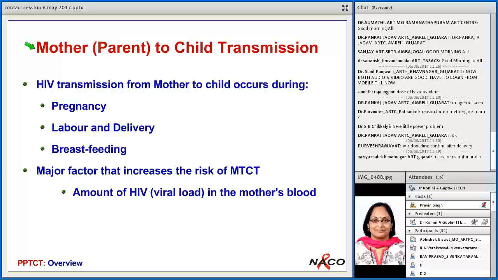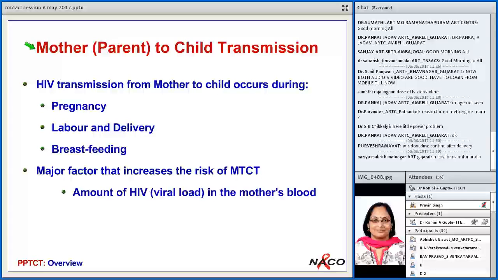Now, MTCT transmission occurs during 3 phases: during pregnancy, during labor and delivery, and through breast milk. What is the major factor that increases the risk of MTCT? The amount of HIV viral load in the mother's blood. We do not monitor this viral load directly, so we monitor it by the CD4 count.